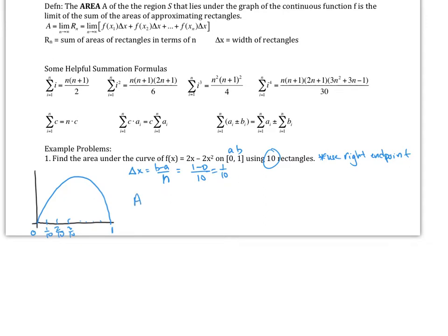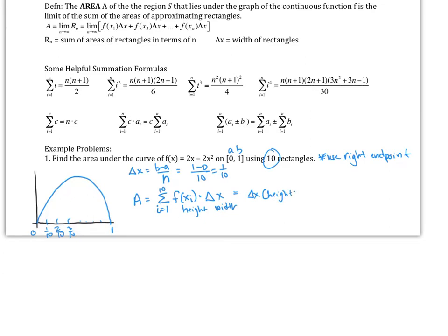So the area is going to be the sum of my rectangles. So the sum starts at i equals 1 and ends at 10. And this is my f of x sub i, which will give me the height, times my delta x, which will give me the width of each of these rectangles. So you could think of it as it's delta x times all your heights, right?